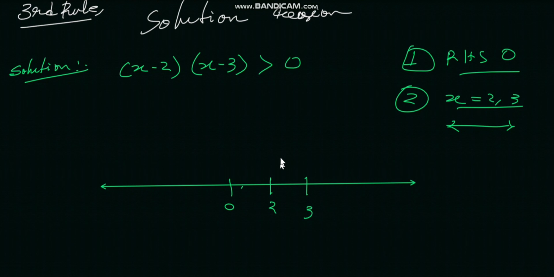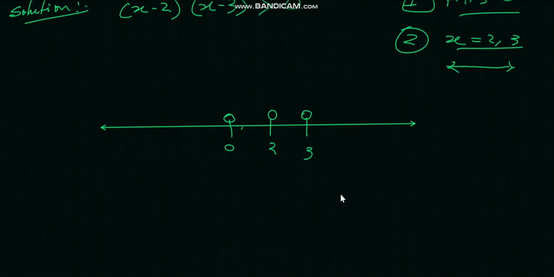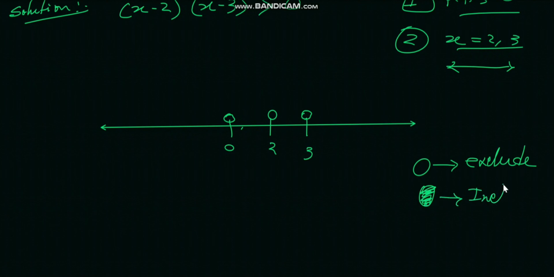There are a few more things you need to know while solving these types of inequalities. You can see I'm creating a hollow round shape here. This means exclude. So you need to understand two symbols: the hollow circle means exclude, and the filled circle means include.